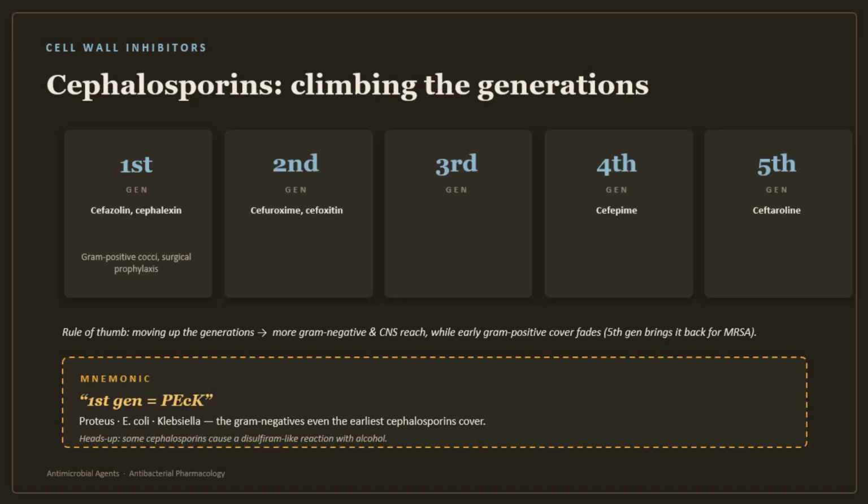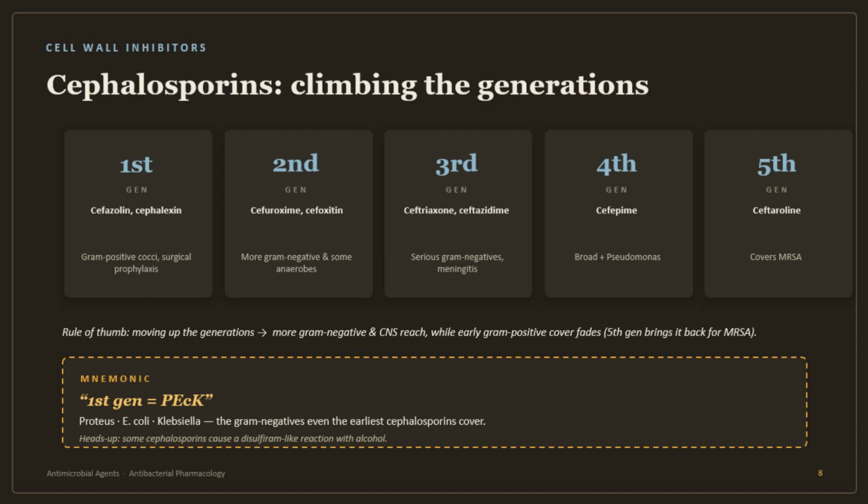Now let's climb the cephalosporin ladder, because these come in 5 generations and there's a beautiful pattern to how they evolve. Stick with me on this trend. It's pure exam gold. First generation, cefazolin and cephalexin, great for gram-positive cocci and surgical prophylaxis.